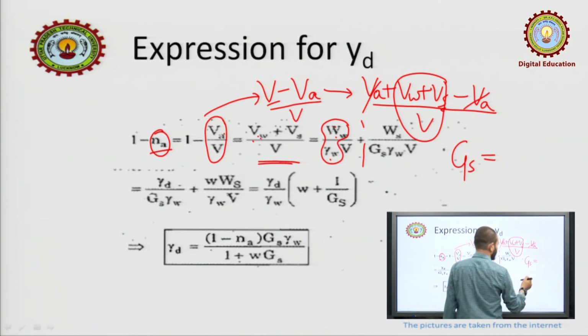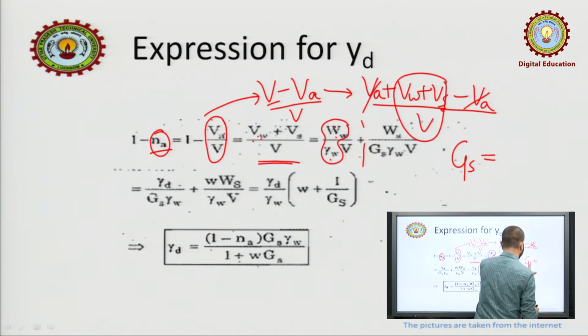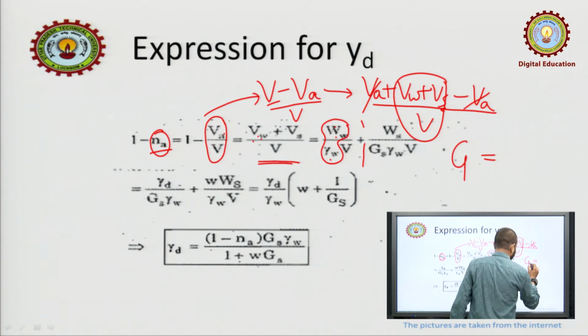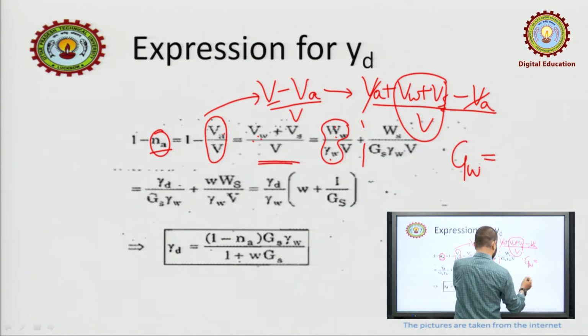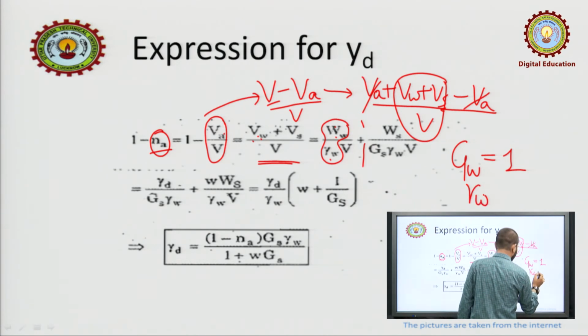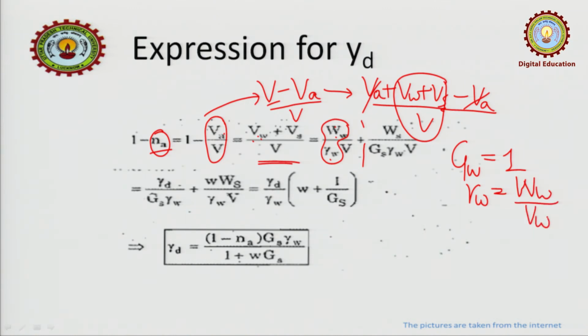Now, this is for water, so let us write it as Gw only. Gw is 1, if you know, the specific gravity of water is 1. So, what is gamma w? It is Ww upon Vw. If we bifurcate it, then we can use this part here as Vw, which means we need the Vw value.